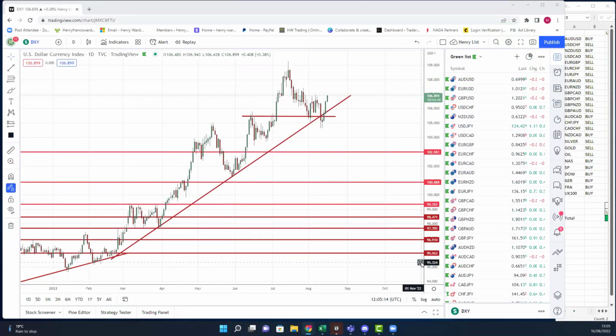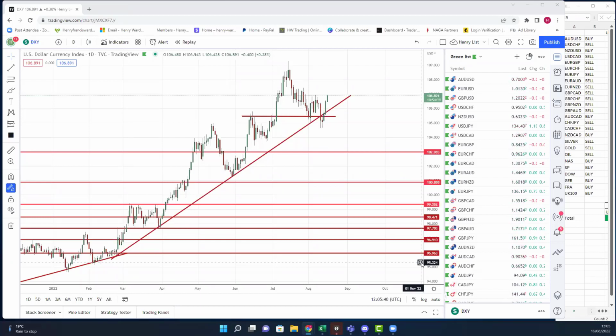Kick off, and I'm actually going to start off with the dollar index. For the people who don't know, it's like an index, a basket of all the dollar-weighted currencies put together, and it gives you an indication of what the dollar is doing against everything else.